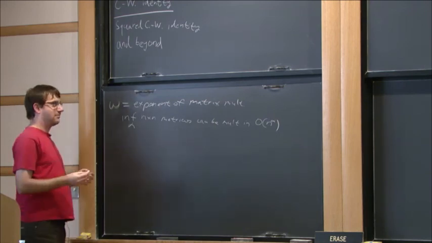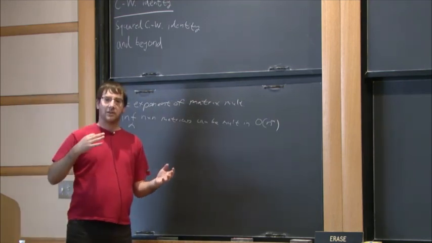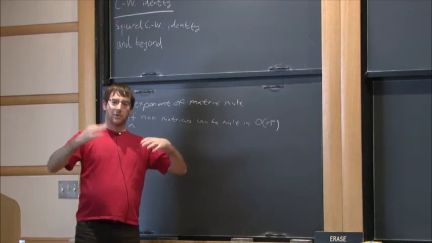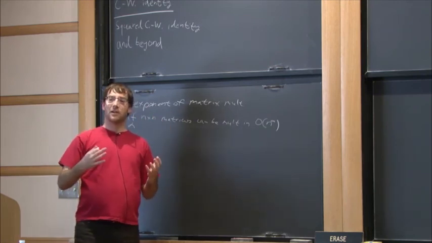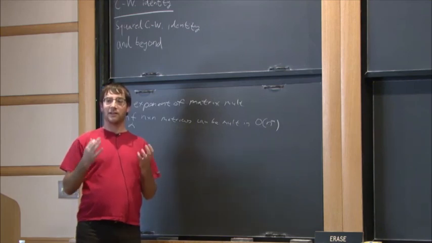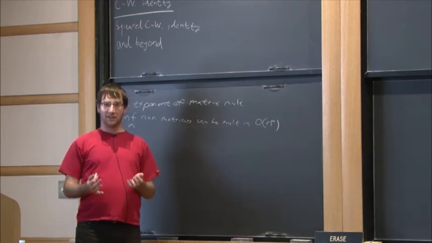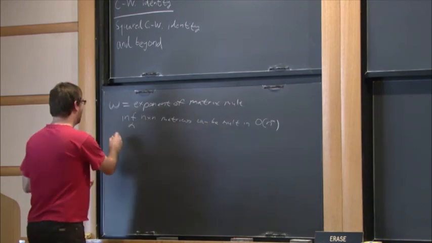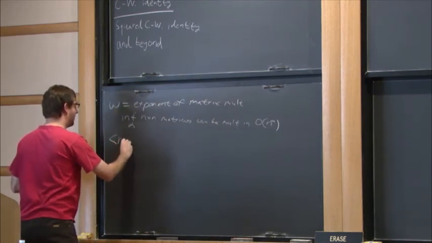Okay. So we developed this theory, and we found an equivalent way of representing this problem of finding the best matrix multiplication exponent, and it involved the tensor rank of matrix multiplication tensors. So here is a matrix multiplication tensor.